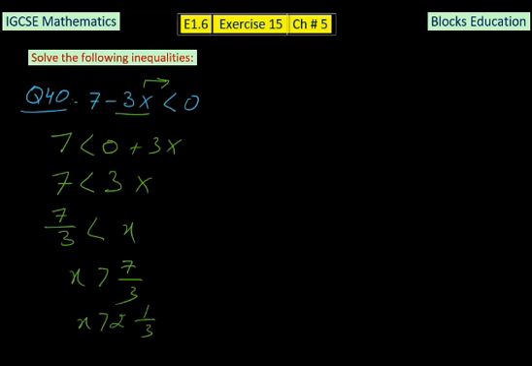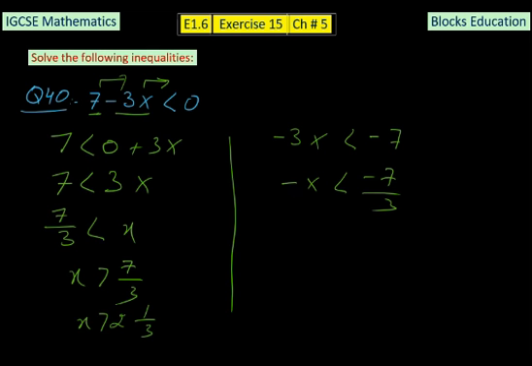So in the same way, if you're not comfortable moving minus 3x onto the right side, keep it here and bring 7 onto the right side. So it will be minus 3x less than 0 minus 7 is minus 7, and just divide by 3 on the right. So it will be minus x less than minus 7 over 3.